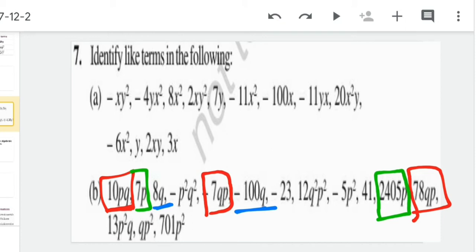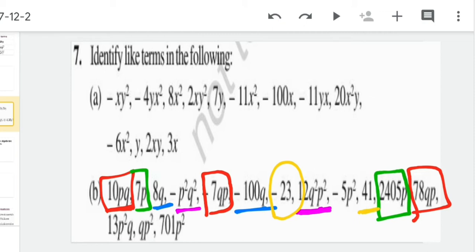Now the like term for p square q square is 12p square q square, and that's it. Now the next group is constant. The like term for minus 23 is 41.